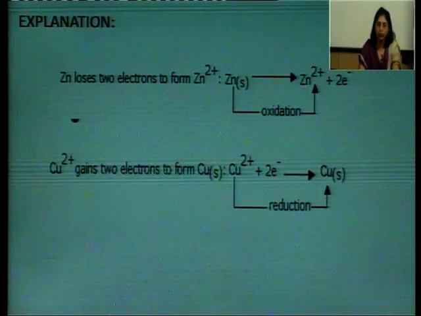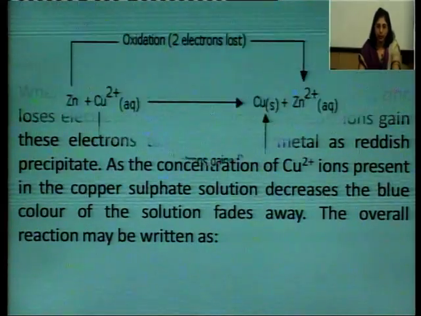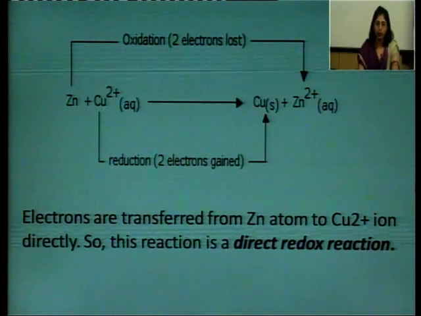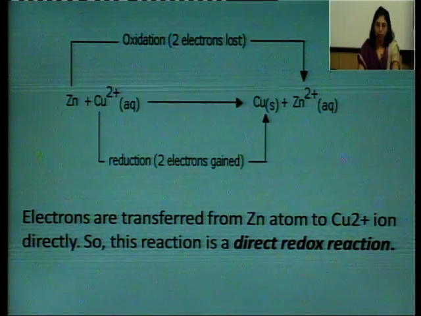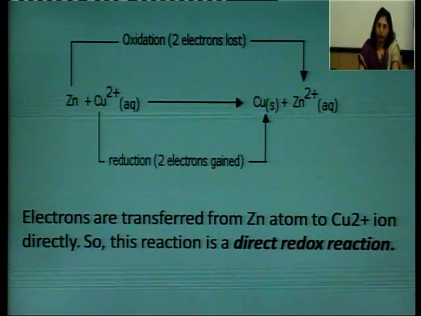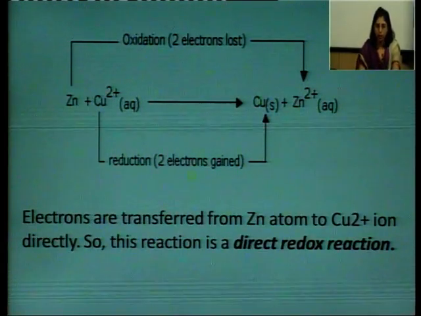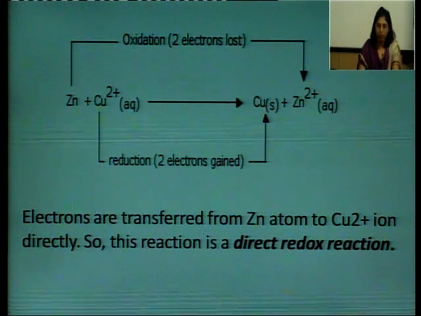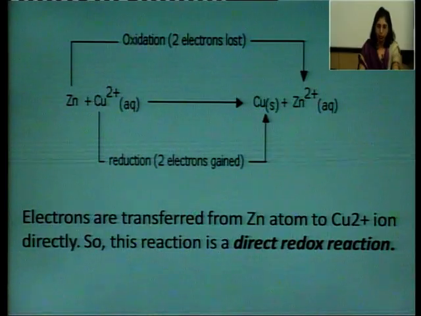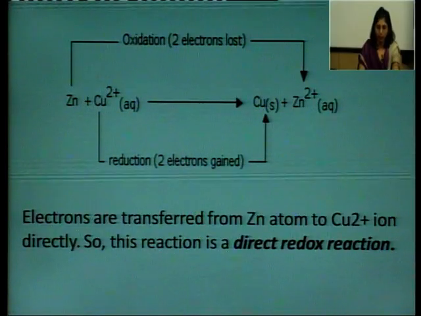The blue color of the solution disappears because the concentration of copper ions is decreasing, and the solution becomes warm because the reaction is exothermic, and the solution remains electrically neutral. So, this is all about direct redox reaction.